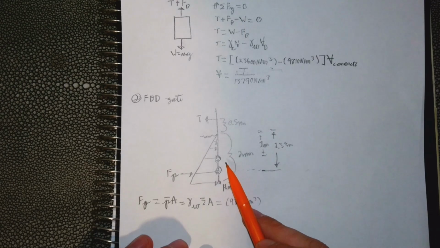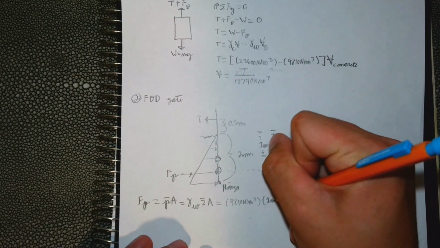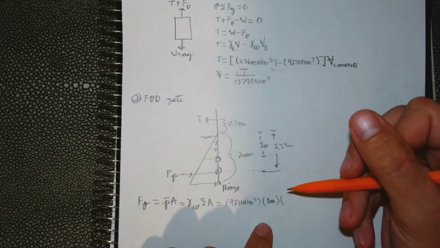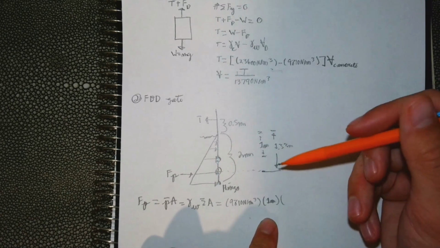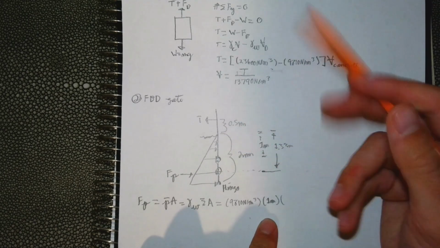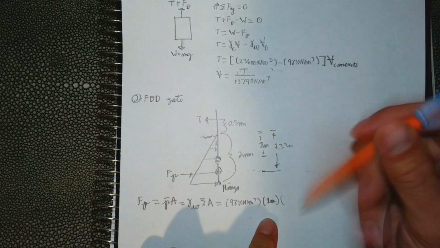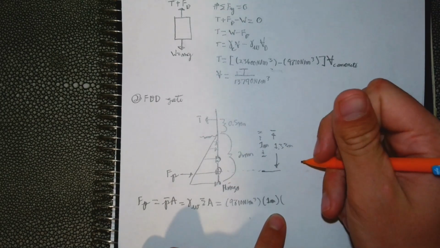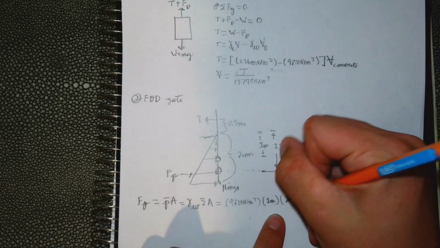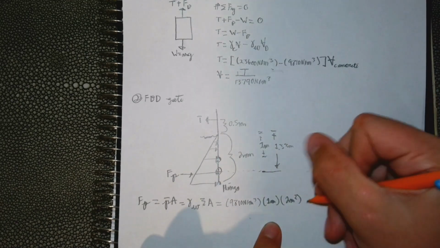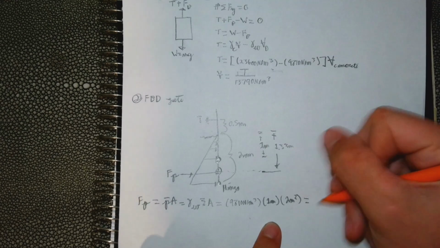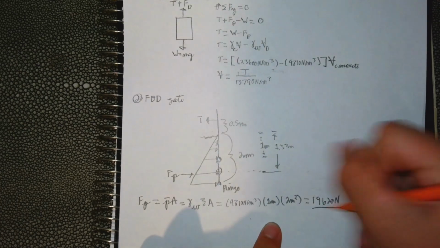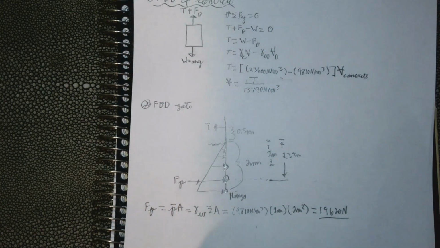Nope, it's just 1 meter because it's to the surface of the water. And then the area, it's a rectangle. It is 2 meters tall, and it has a width of 1 meter. So the area is just 1 meter width times the 2 meter depth, so 2 meters squared, and that gives us a value of 19,620 newtons.